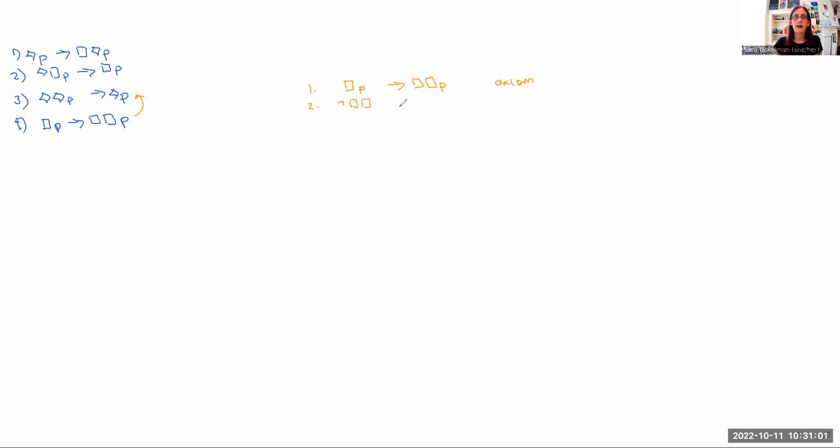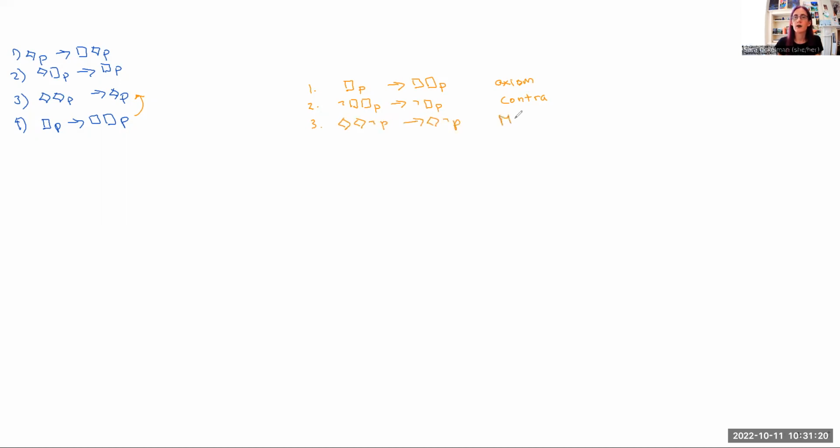So if necessary P implies necessary P, then contraposition says that not necessary P implies not necessary P. We can then use modal interchange to shove the negations through to convert all of the modal operators.